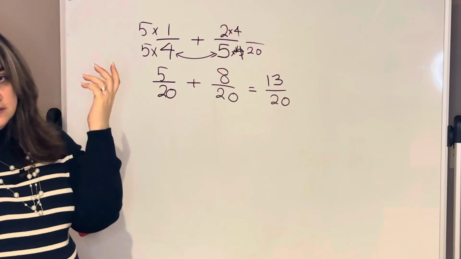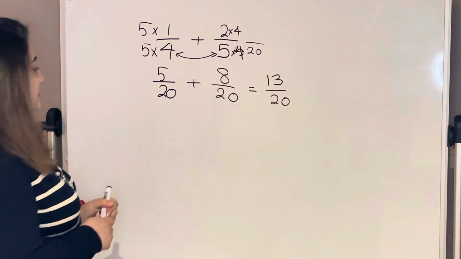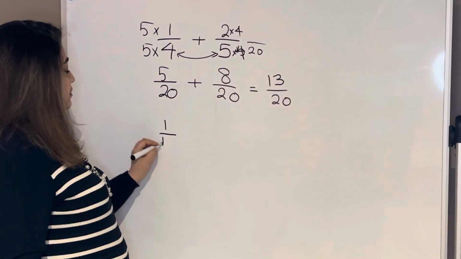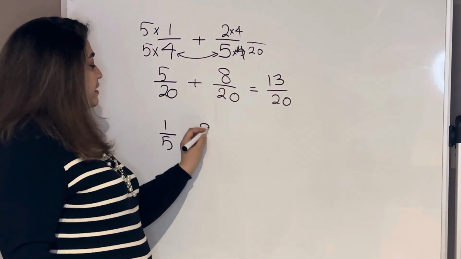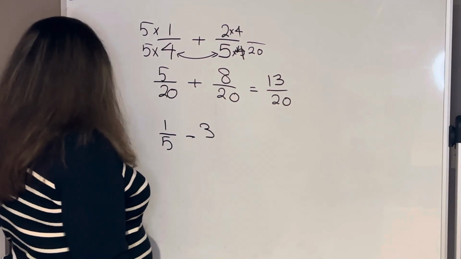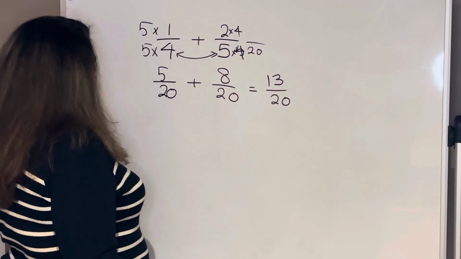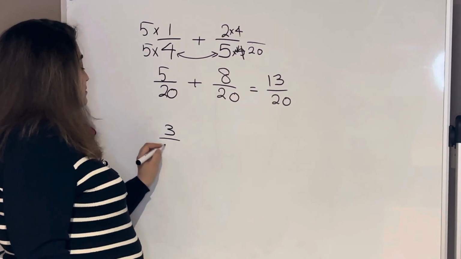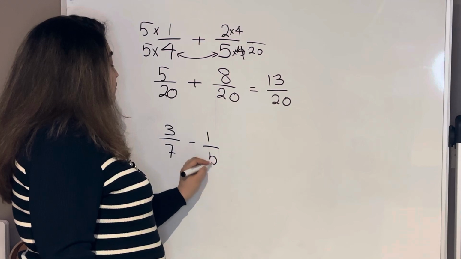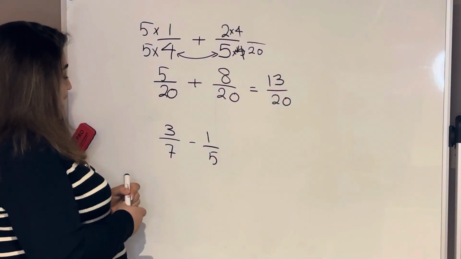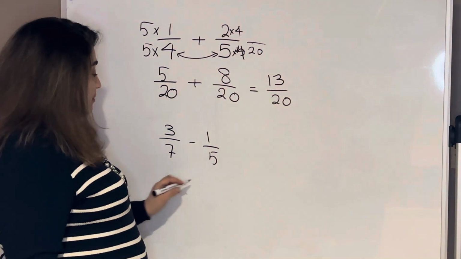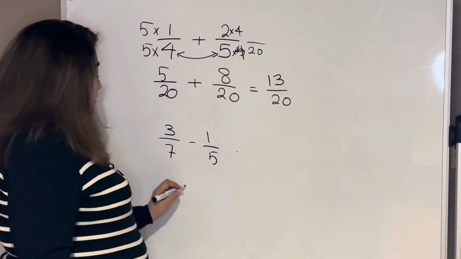It is exactly the same for takeaway. For example, we have 3/7 take away 1/5. Again you need to make the same denominator. So the same denominator is 35.